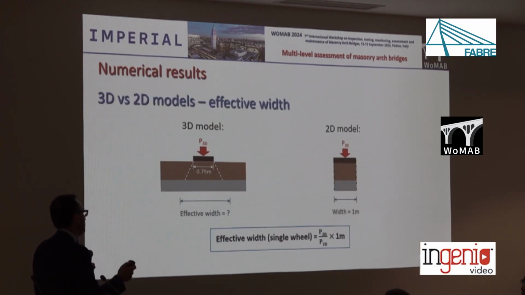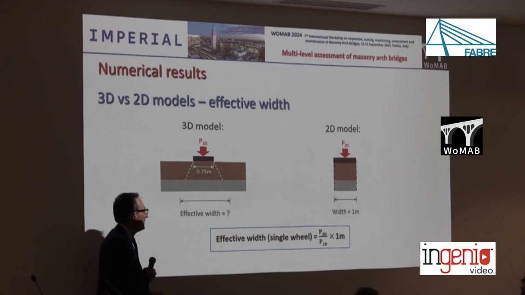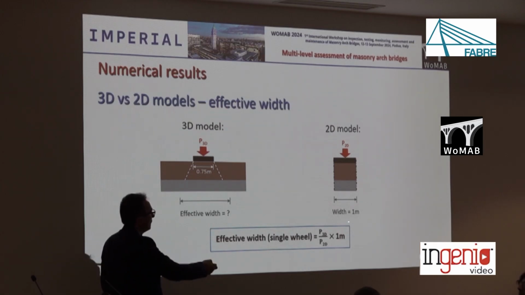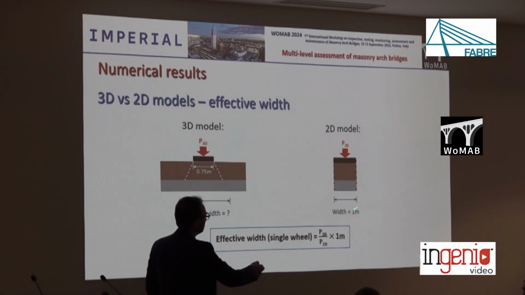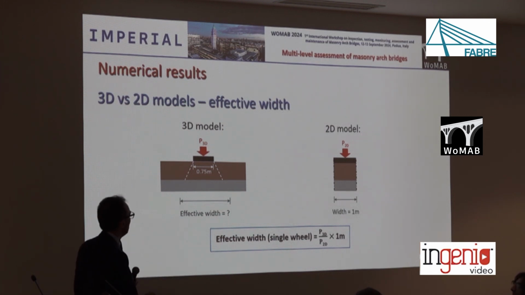So in our study, what we did, we ran simulations with full 3D models and compared against a 2D model, where the 2D model is a 3D model assuming 1 meter width, with full confinement of the backfill.